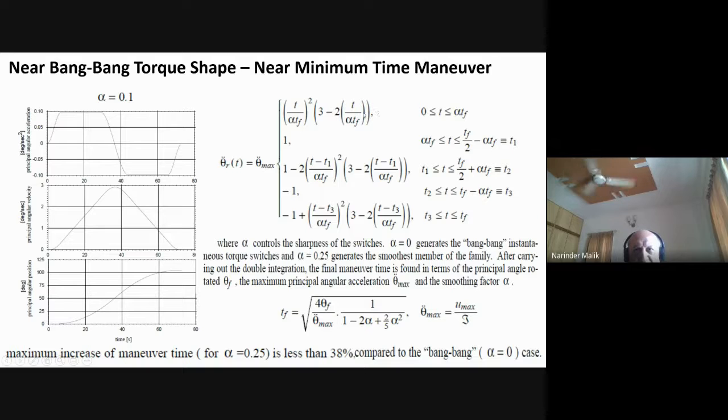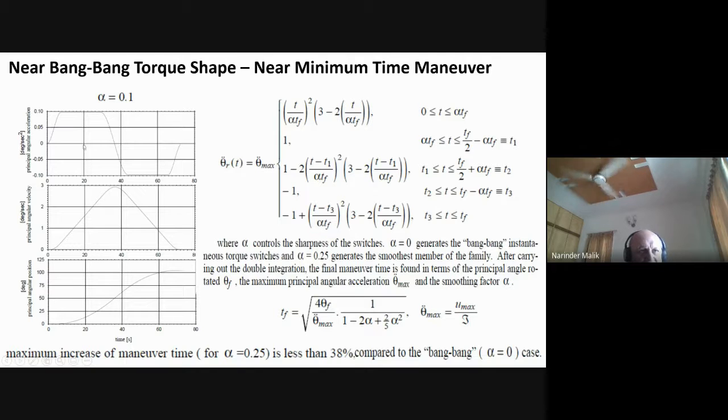Between this time, the torque is rising according to this formula. Then between this and this time, it stays positive. Then it falls down like this. So alpha controls the sharpness of the switches. Alpha equal to 0 generates bang control, and alpha equal to 0.25 generates the smoothest member of the family.